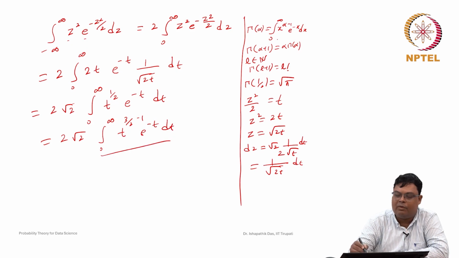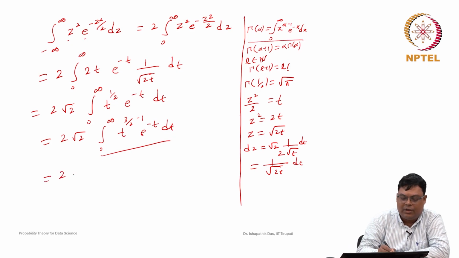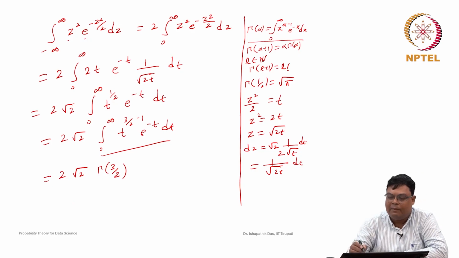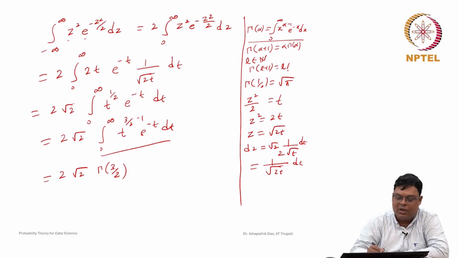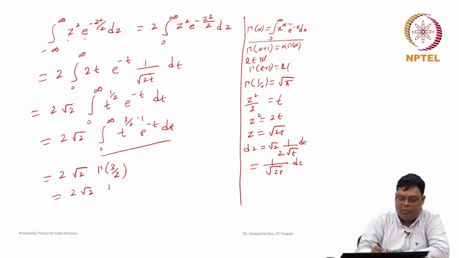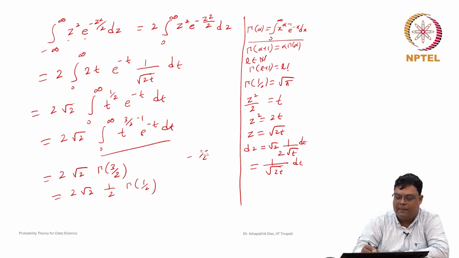Now, you compare with the gamma function, and this is nothing but gamma 3 by 2. So, this is 2 root 2 into gamma 3 by 2. Now, we will use the formula gamma alpha plus 1 is equal to alpha gamma alpha. 3 by 2 can be written as 1 plus 1 by 2, so alpha is equal to 1 by 2 and alpha plus 1 is equal to 3 by 2.